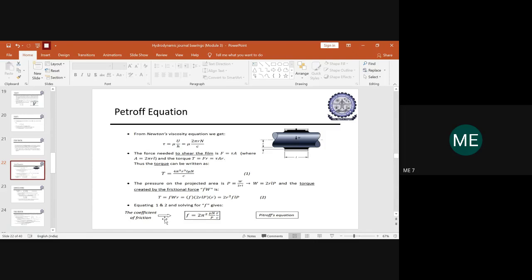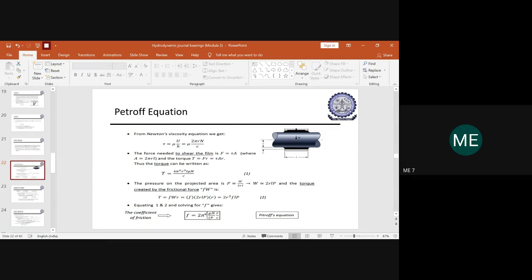When you solve these two equations, you determine the coefficient of friction due to the frictional force. You equate these two, and this will yield the value 2 pi square mu n upon p into r by c.